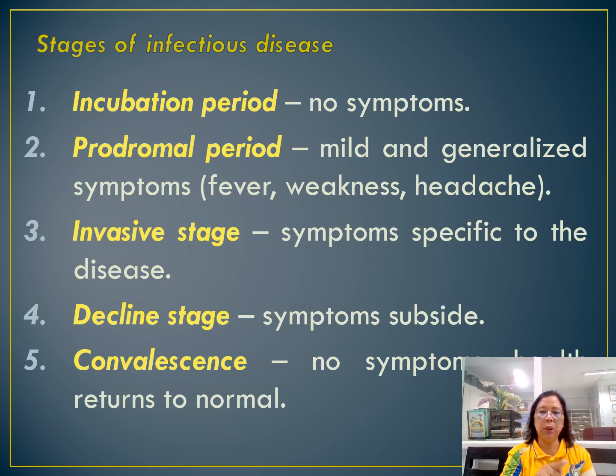You have the incubation period going up, and then you have the prodromal that is actually still increasing in number, and then the invasive stage is still increasing, and then in the decline, it is going down. So the invasiveness is the flat curve whereby there is an equal death and production of microorganisms.